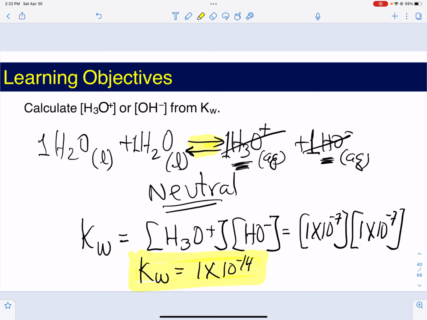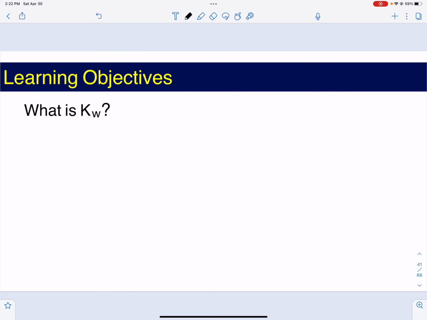So if the amount of hydroxide happens to go up, the amount of hydronium will have to come back, so we always stay at that value. That value, as long as we are at 25 degrees Celsius, which is kind of normal, never changes: 1 × 10⁻¹⁴ at 25 degrees Celsius. So we can use that to our advantage. So that's what Kw is.